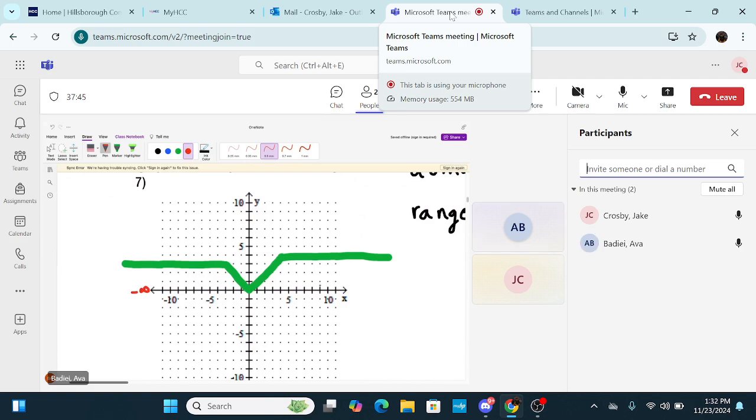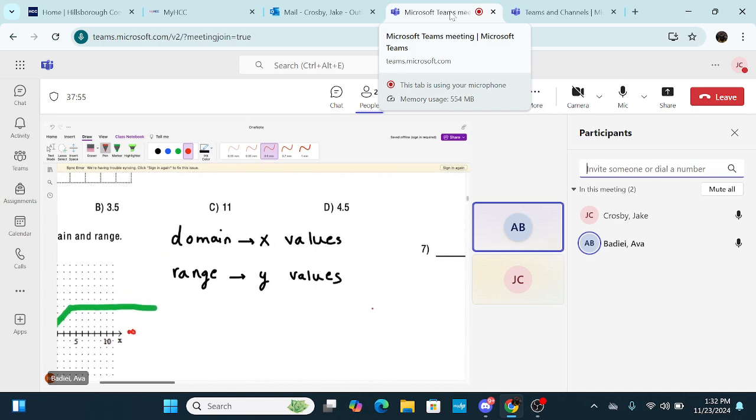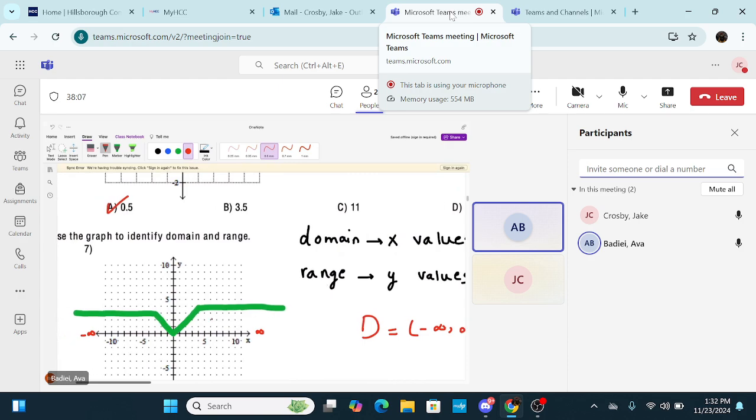And then on the right side, again, it's going all the way to infinity. So when it comes to my domain, I'm going to say that the domain is from -infinity to infinity, again, for x. This means that it's going to include all x values.